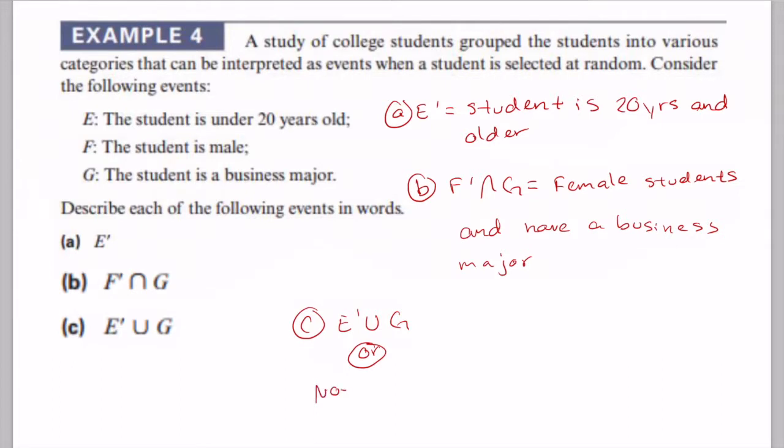Because age wise, we can include all majors, because E complement asks only for age.